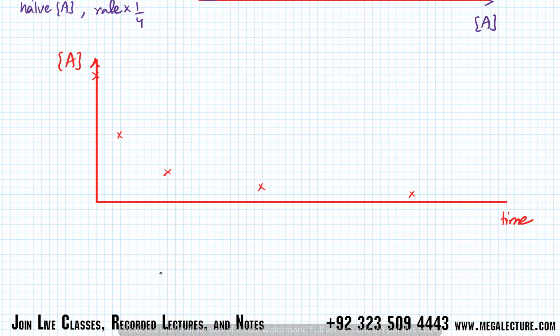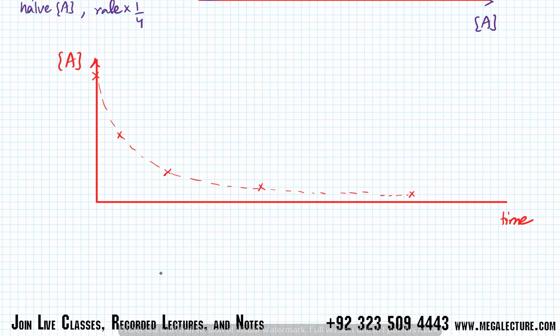So the only difference is the concentration is having a much bigger impact on the rate of the reaction. So the shape is roughly the same, but the order is different and the half-life is different.